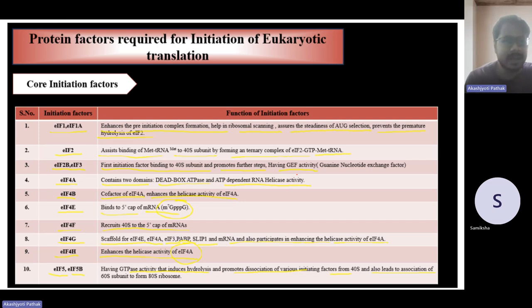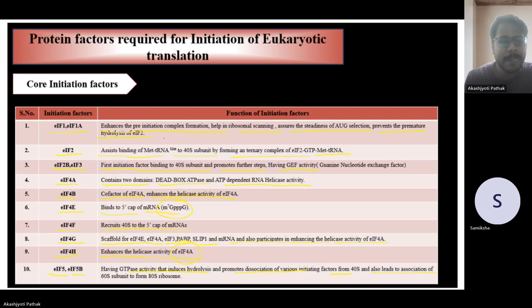Okay. So this is a table which was there in your slides. EIF1, EIF1A, EIF2, EIF2B, EIF3. Different functions have been mentioned here. I skip this table. This is actually a summary of the different initiation factors. This table is important for NET, CSIR NET or GATE.